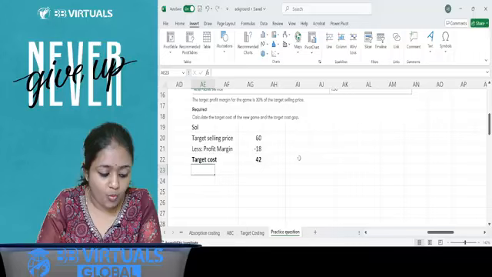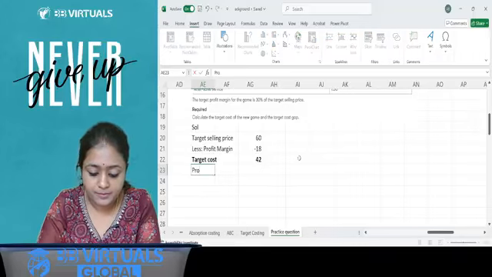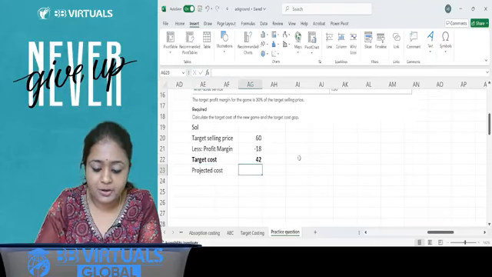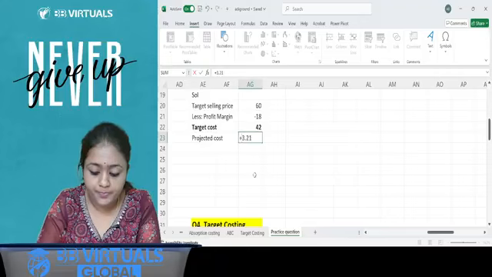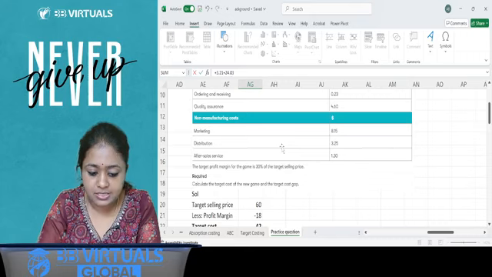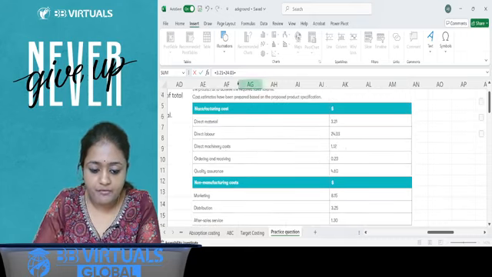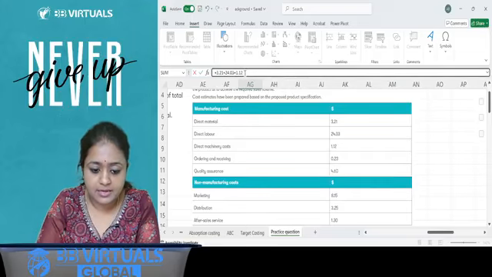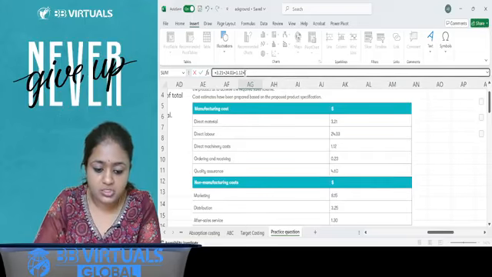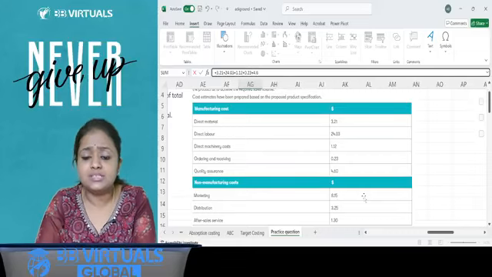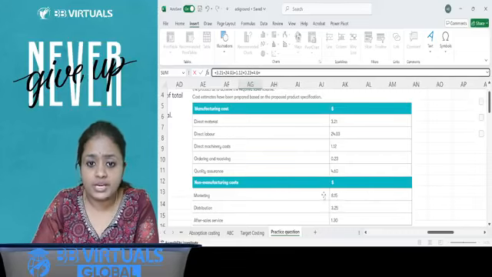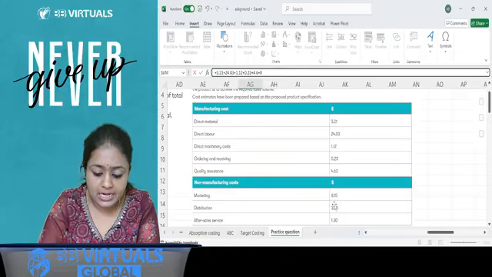Let's calculate what is the projected cost. So what is the projected cost? Let's get the totals. 3.21 direct material cost, direct labor 24.02, 24.03 plus 1.12 is the direct machinery cost. Ordering cost is 0.23 plus 4.6 because I'll take all the cost, right? Quality assurance cost. Marketing is 8.15.